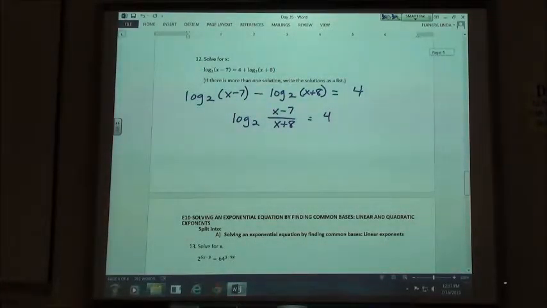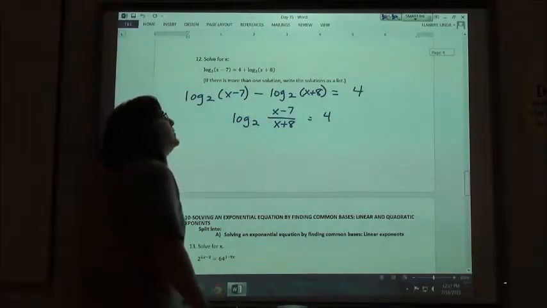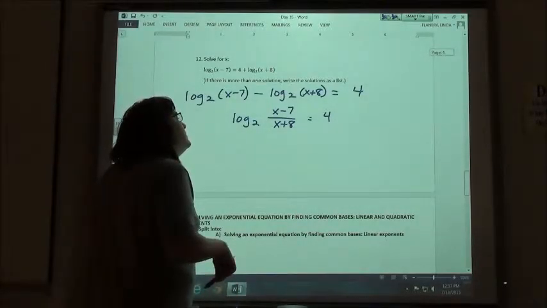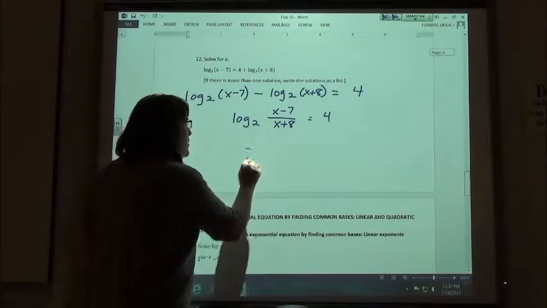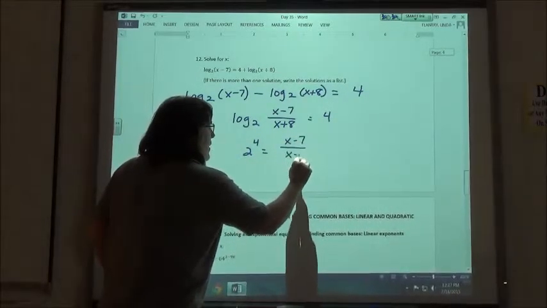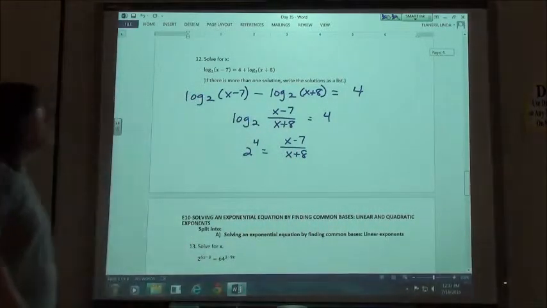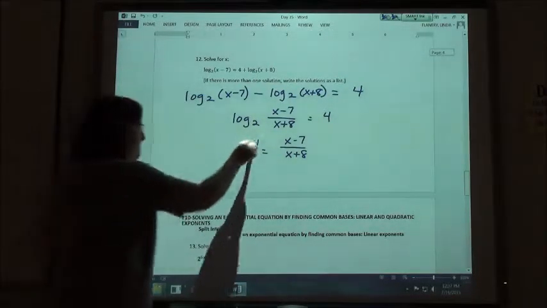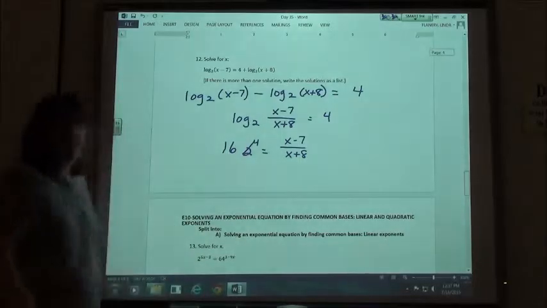So rewriting that in exponential form, we would have 2 to the 4th equals my x minus 7 over my x plus 8. 2 to the 4th power is 16, right?